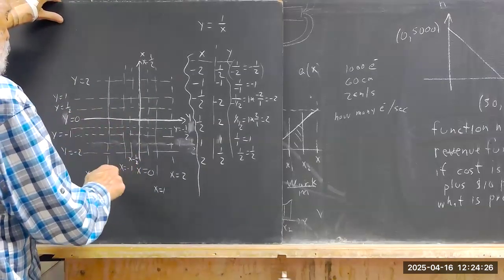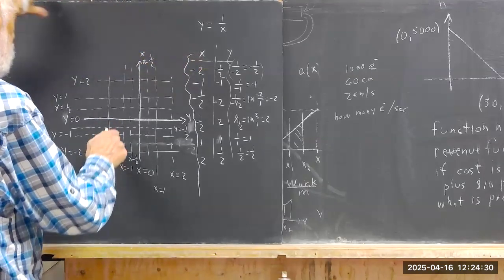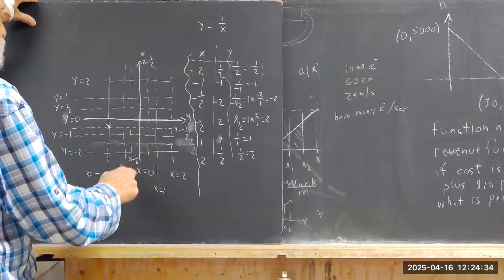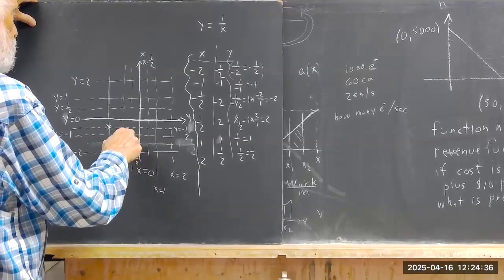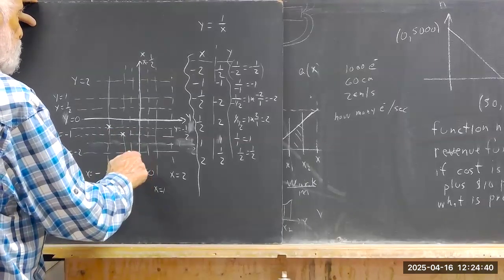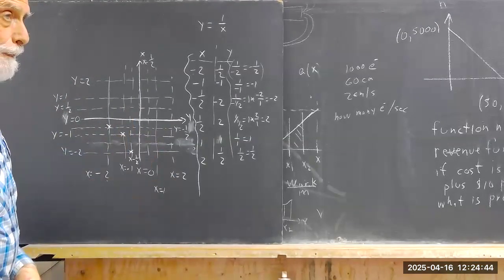Okay, so when x equals negative two, y equals negative one half. There it is. When x equals one, y equals negative. When x equals negative one, y equals negative one. When x equals negative one half, y equals negative two. Got all my points there.